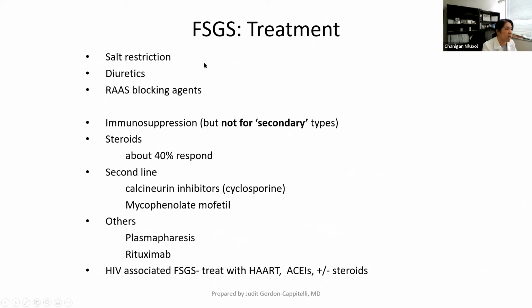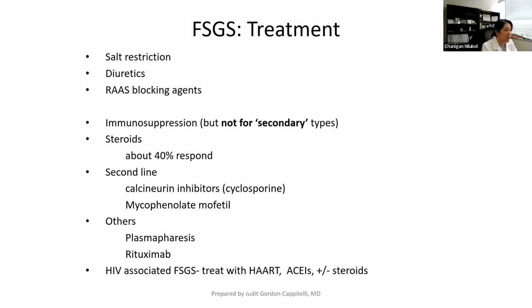So treatment, again: salt restriction, diuretics, and RAS blockade. Immunosuppression has been used to treat FSGS, but it's not a gold standard treatment. We've tried steroid in some of the patients, and less than half will respond to the steroid.